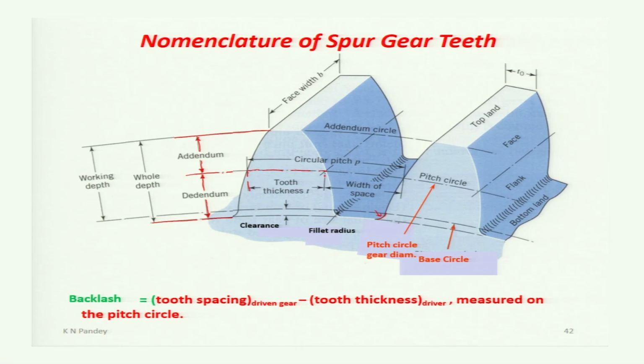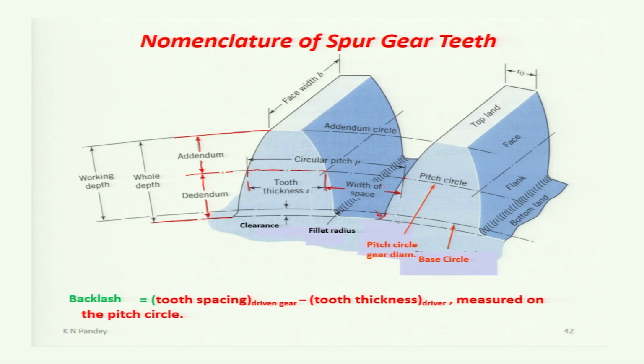This is the tooth thickness. And the space between the two gear teeth along the pitch circle is called the width of space.